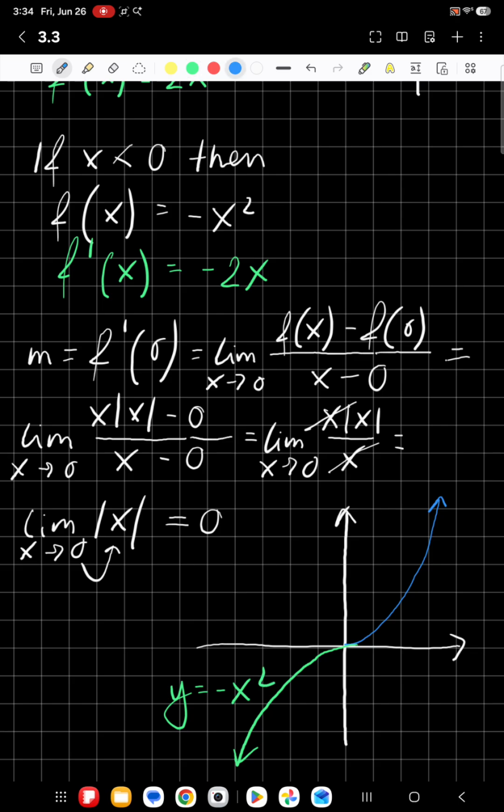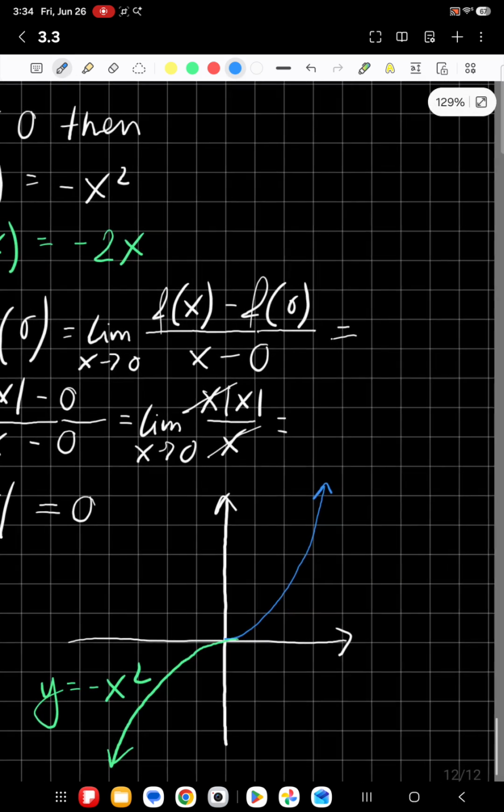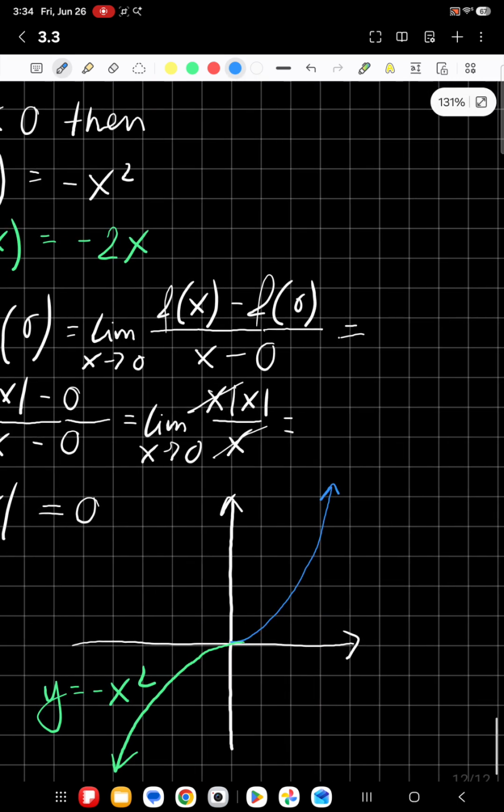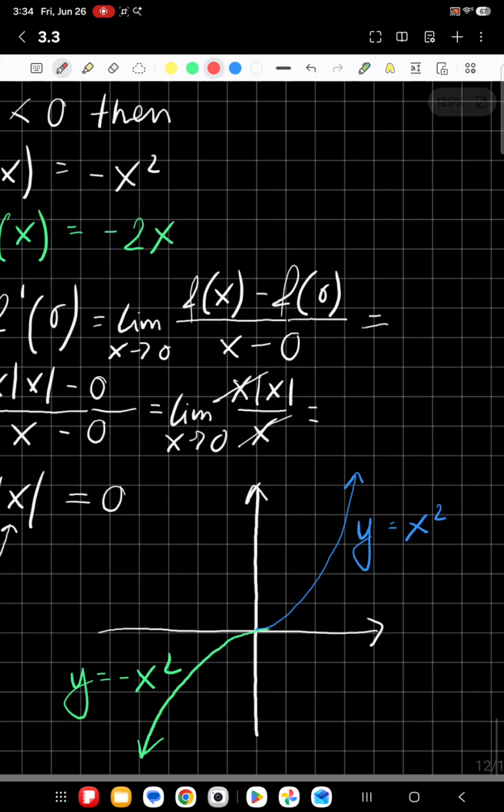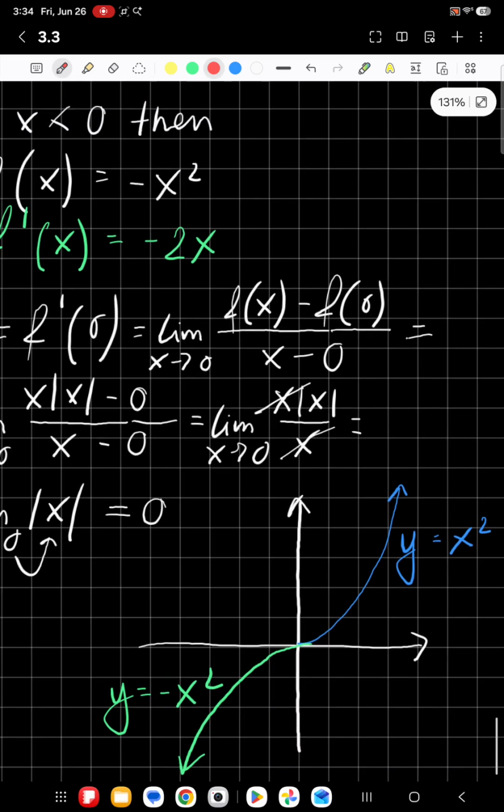So y equals x squared. What we did was calculate the slope: we found the derivative, the slope of the line tangent to the graph at 0. You see that the slope of the line is equal to 0. This is a horizontal line.